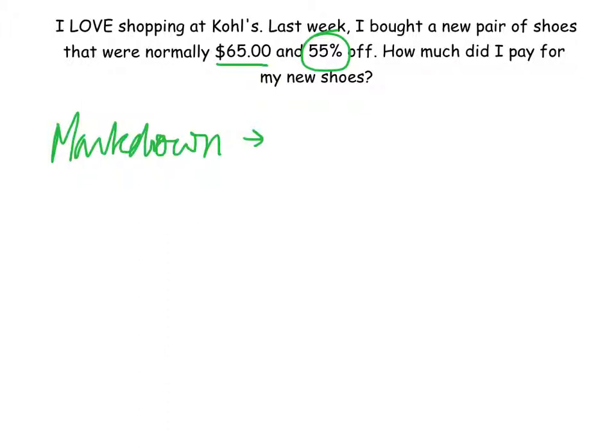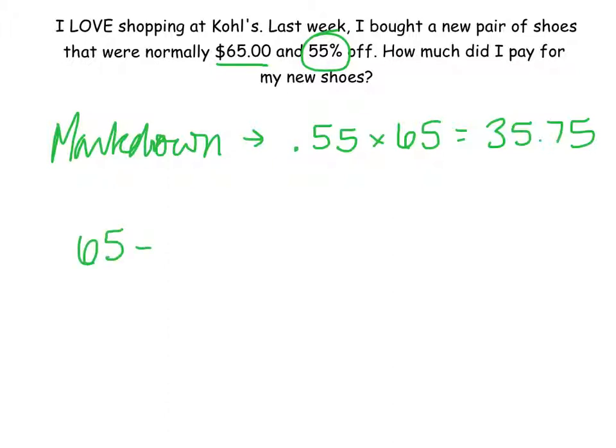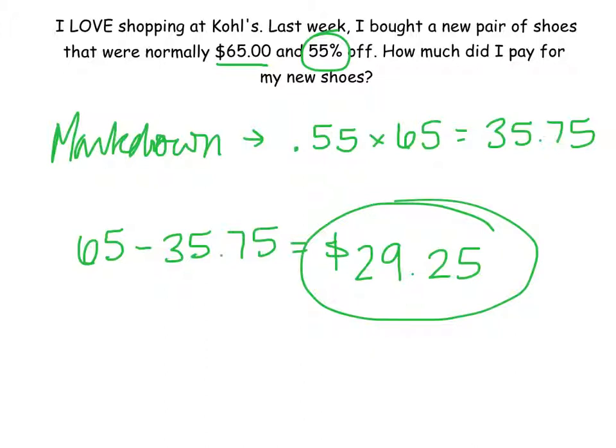So we take our percentage, or 0.55, times the whole of 65, which is our initial, and that gives us the markdown of 35.75. Then to finish our equation, we take the cost, or the whole price, of $65. We minus our markdown of 35.75, and that will equal our sale, or the new price, of $29.25 for my new shoes that are absolutely adorable.